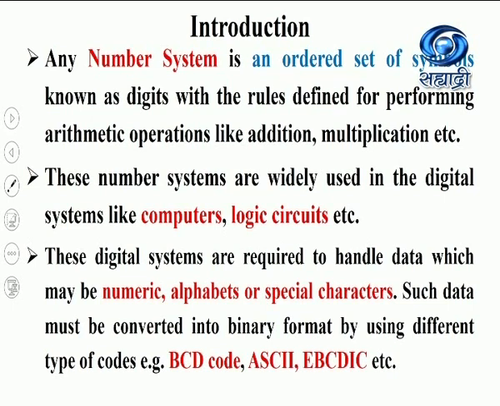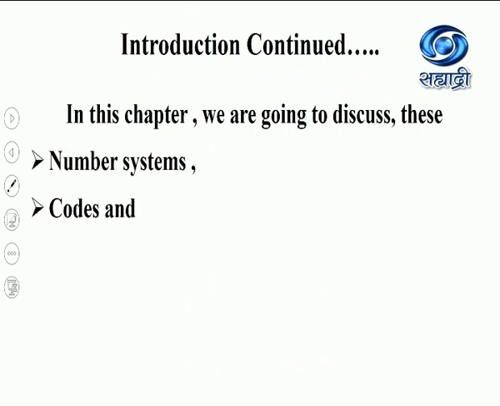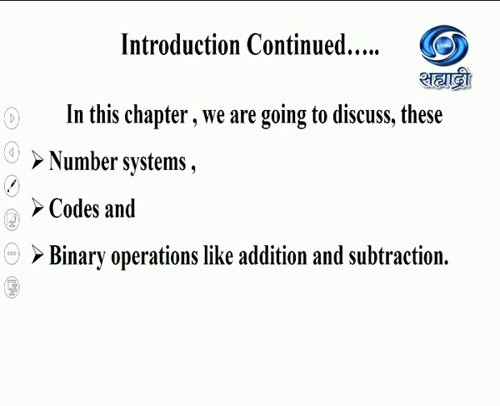Such data must be converted into binary format by using different types of codes. For example, BCD code, ASCII code, ABCD code, etc. In this chapter, we are going to discuss these number systems, codes and binary operations like addition and subtraction.